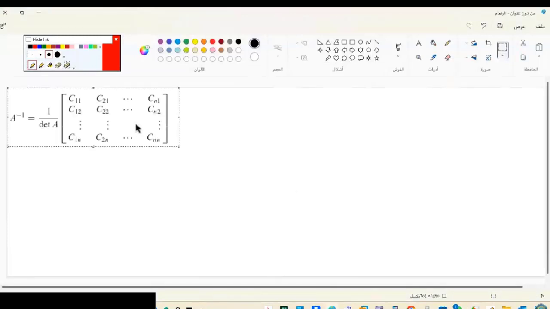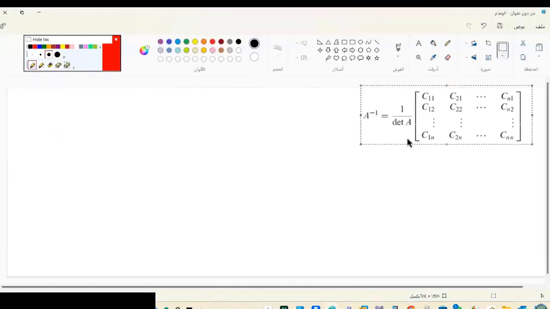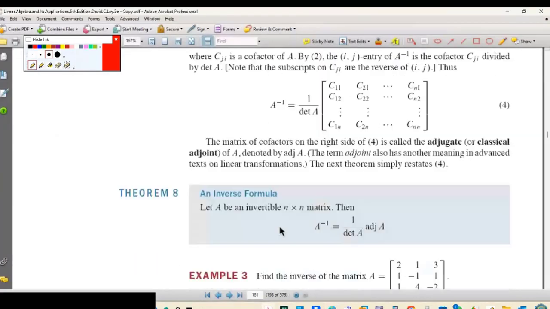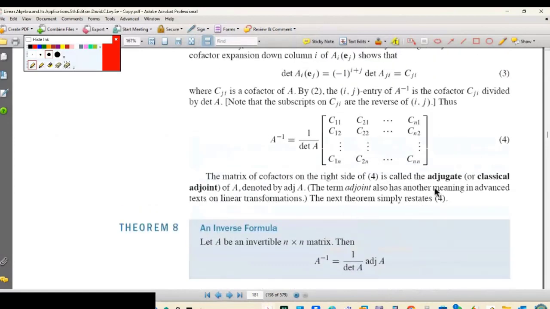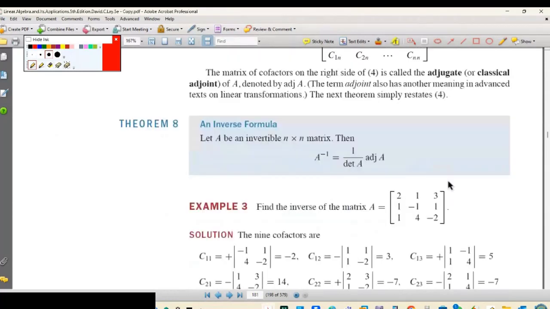A minus 1 is 1 over det A, C11, C12, C1n, and this one. Okay, how can we use this method? First of all, this is called cofactor. The cofactor Cij divided by det A, or we can call this one the adjunct or classical adjoint.